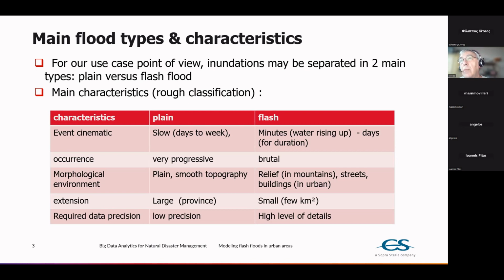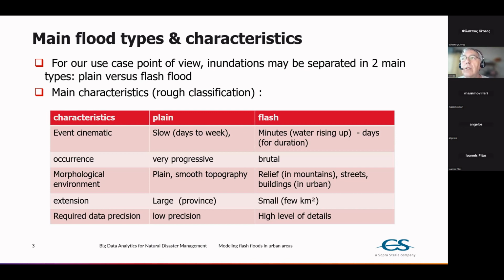And usually this type of event will last for at least several days, sometimes weeks. At the opposite, the flash flood will occur in a few minutes, very suddenly. Sometimes you have no sign in advance, because the precipitation is very local. And usually the episode globally doesn't last too long. It's hours or days, let's say, maximum.